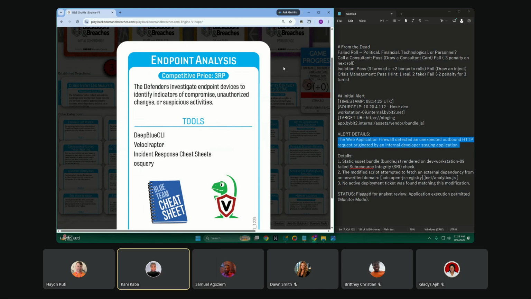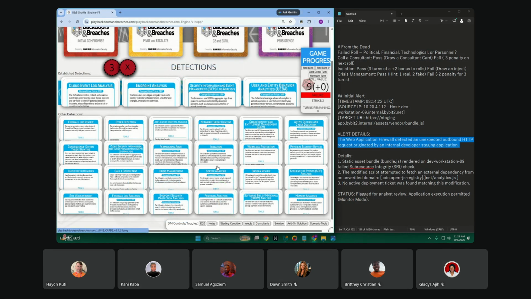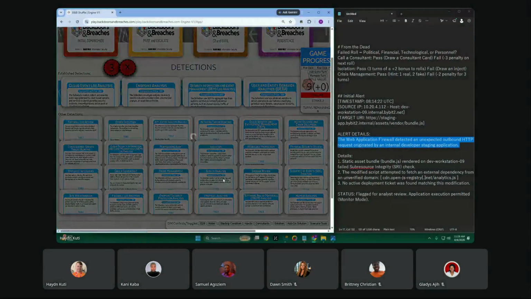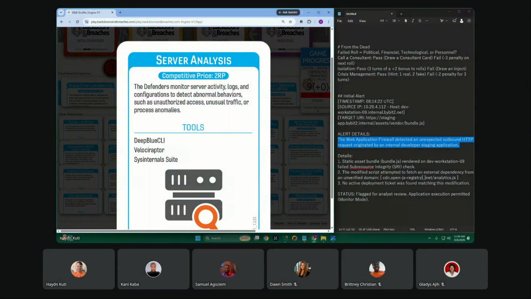I say server analysis because this is about HTTP. HTTP can be an HTTP server, but I don't know. I'm just giving my opinion. You guys are both making great points.